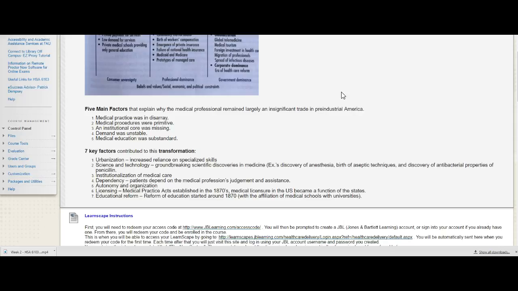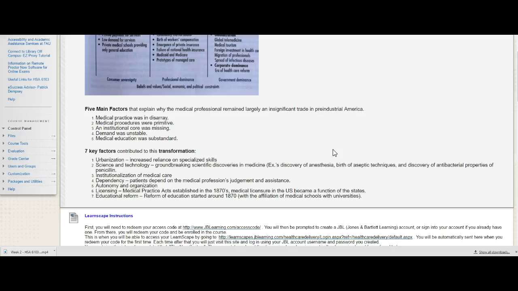Okay, and through both licensure and upgrading of medical school standards, physicians obtained a clear monopoly on the practice of medicine. Last is educational reform. Now, the reform of education really started in the 1870s with the affiliation of medical schools with universities. I wanted to touch on those things.